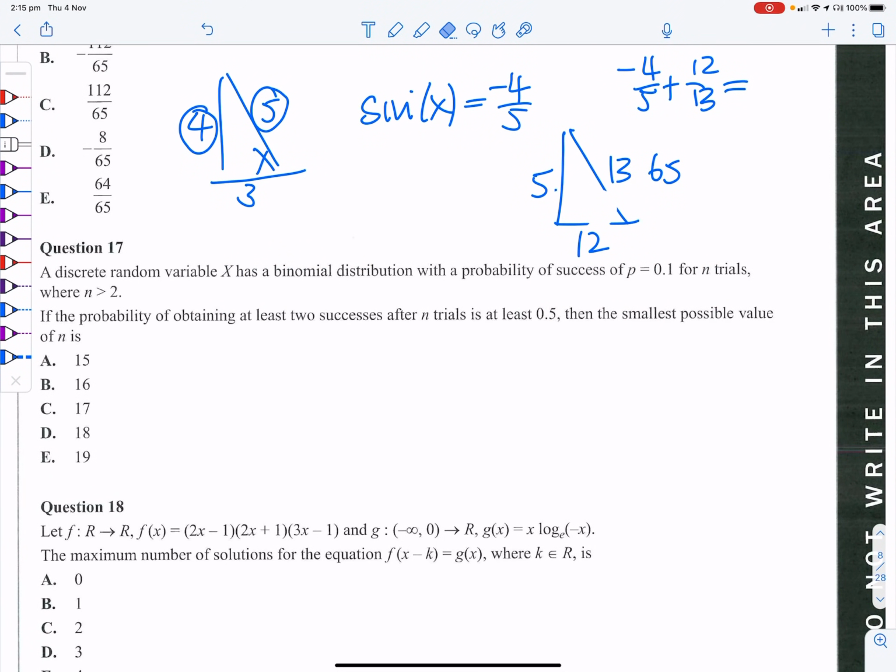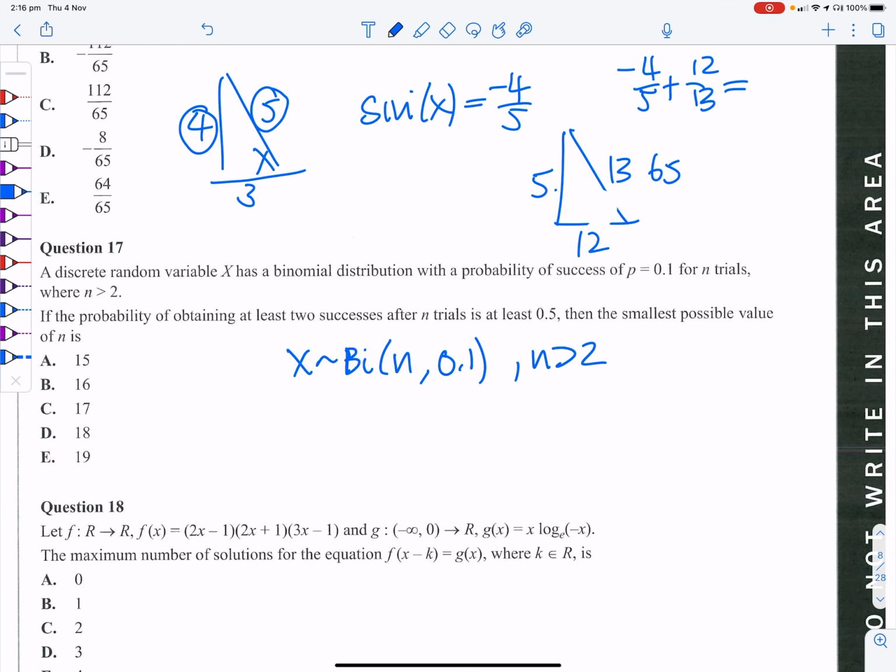Okay, discrete variable X has a problem. P equals 0.1 for n trials where n is greater than 2. If the probability of obtaining at least 2 successes after n trials is at least 0.5, then the smallest possible value of n is. The probability of success is 0.1 for n trials, and n is greater than 2.